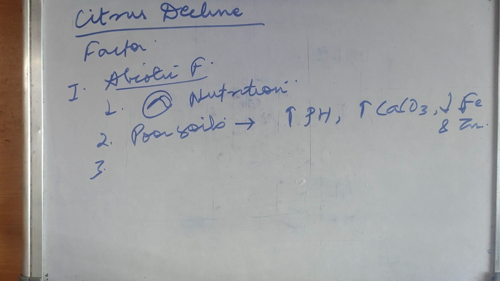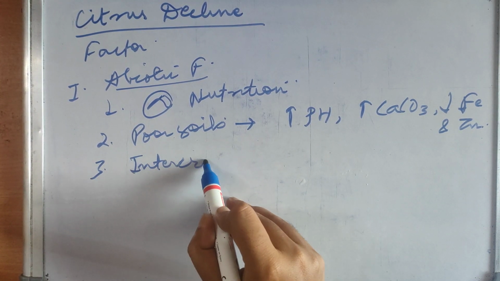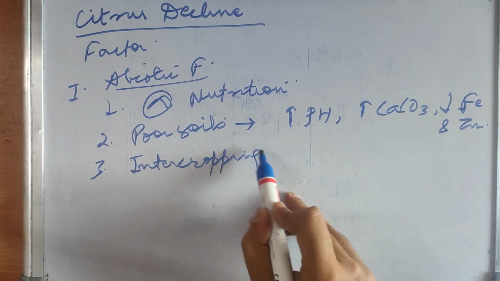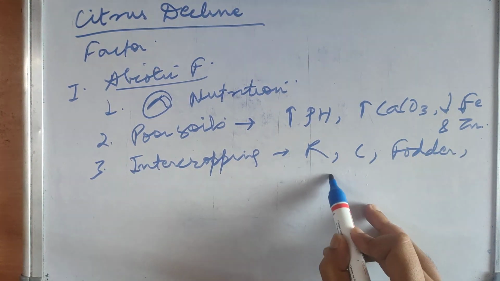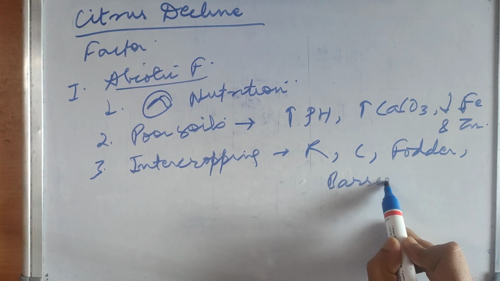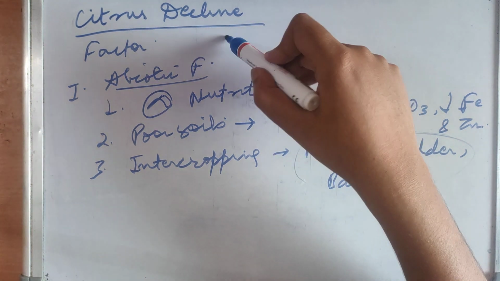Intercropping with rice, cotton, fodder, or berseem. So why does this intercropping also promote citrus decline?